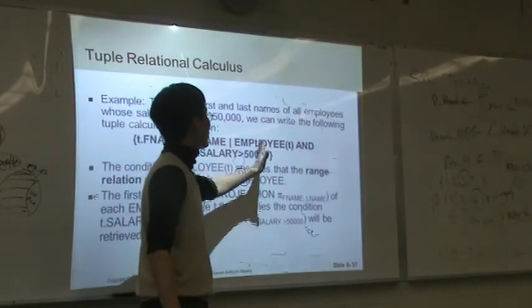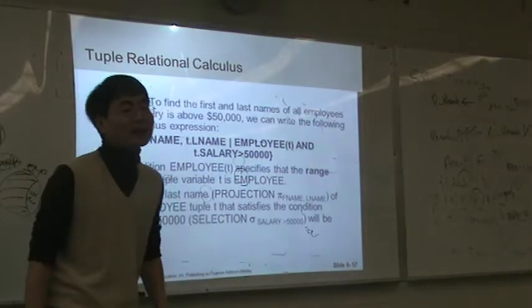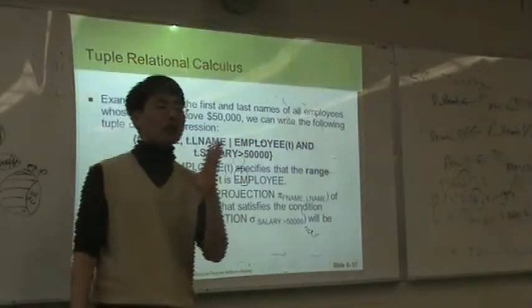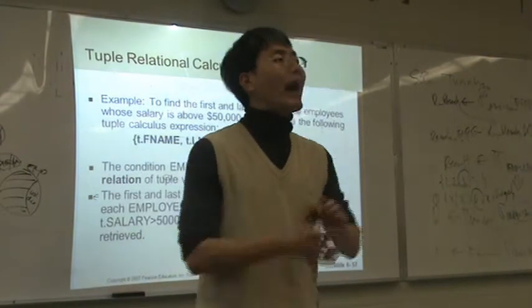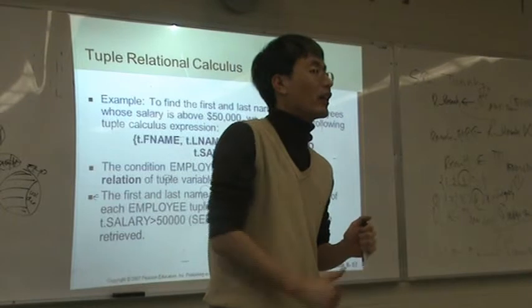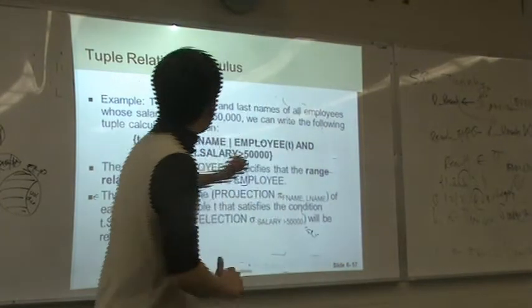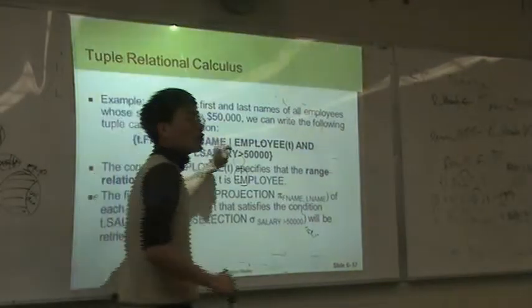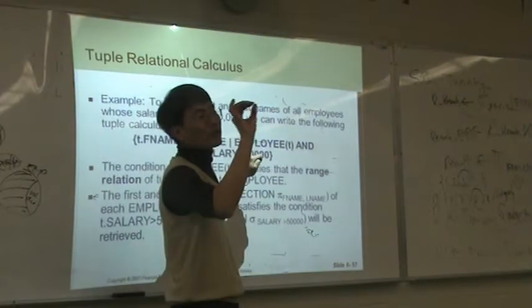This is just a condition: employee and salary is bigger than 50,000. That's different from algebra. Usually, relational algebra shows how to access the data, even step by step, while relational calculus shows the condition, the output of the data. It focuses on the output.